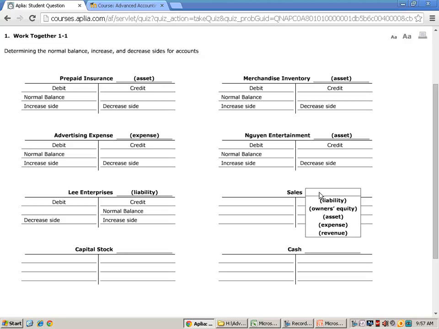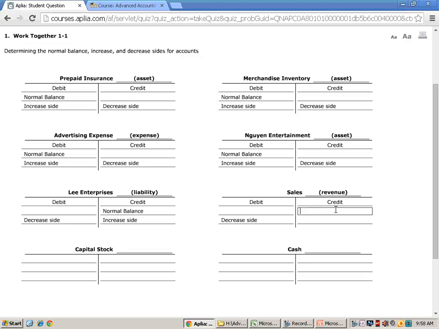Sales is going to be a revenue account. This is how we're going to make money. So for sales, again, your left side is a debit, your right side is a credit. However, we know that we're never going to have a decrease of sales because that would be sales returns and allowances. However, they still want us to put it there.